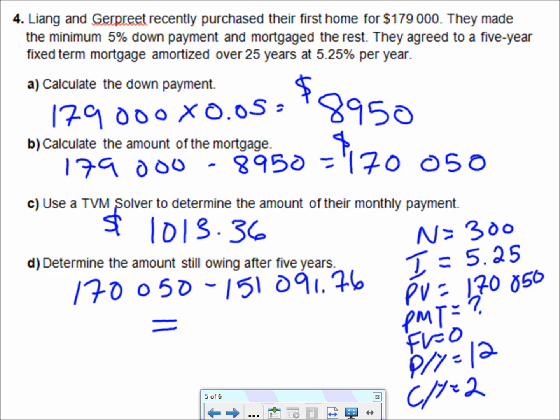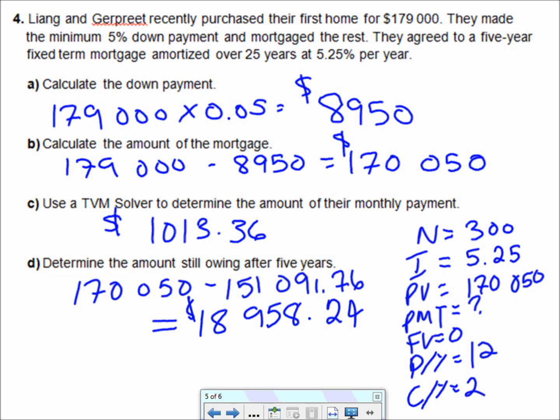So 170,050 minus 151,091.76. So my principal paid, the amount of money that has gone towards the house price over the last 5 years, is $18,958.24.